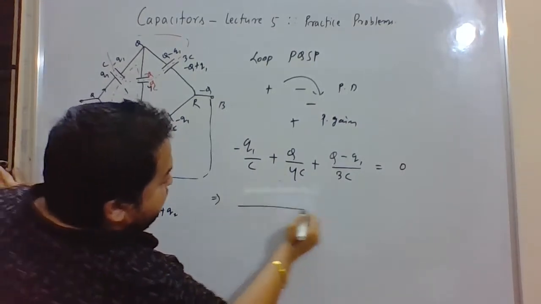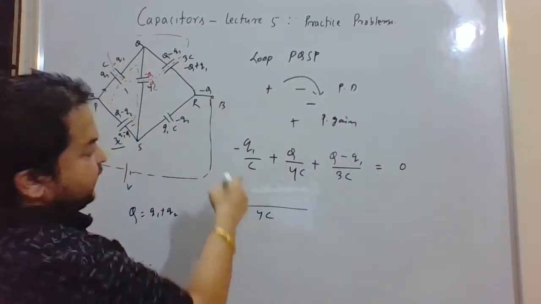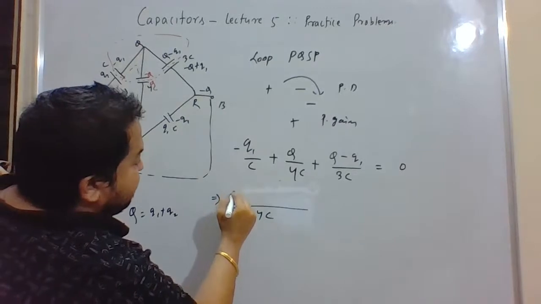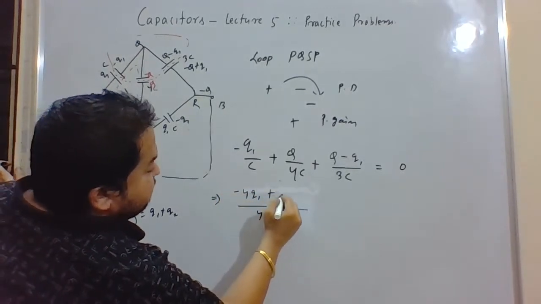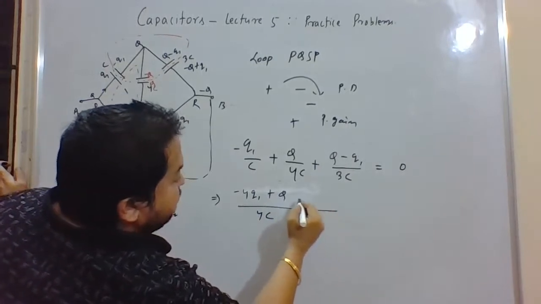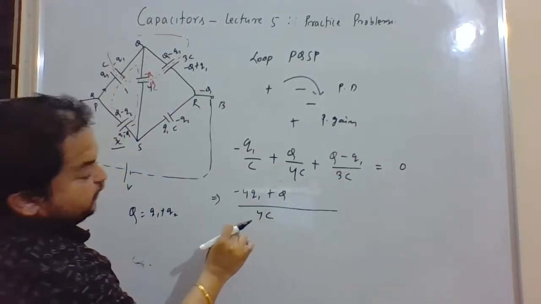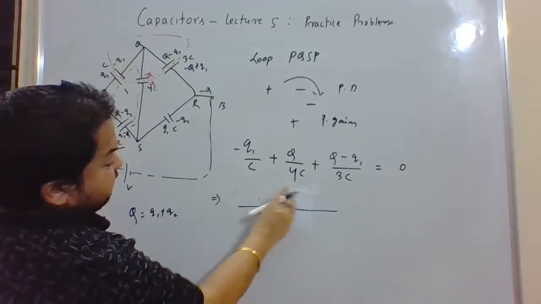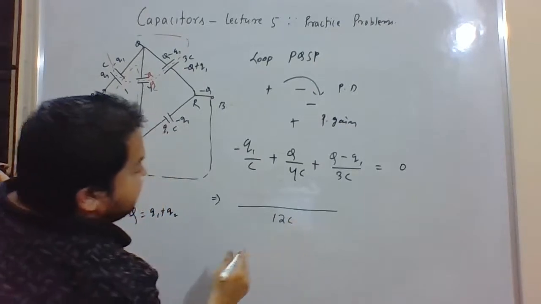Here the LCM of 4C and 3C comes out to be 12C.